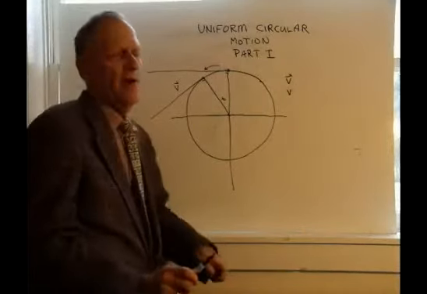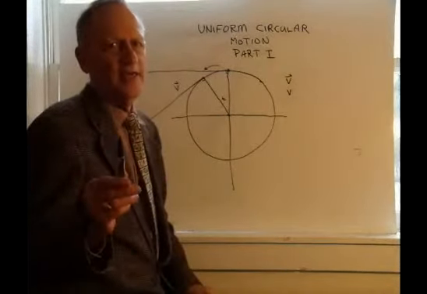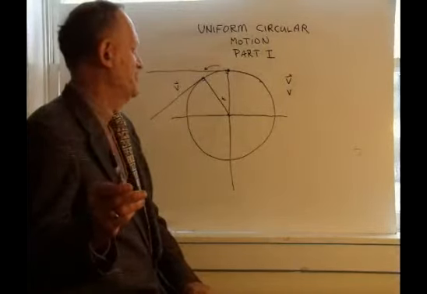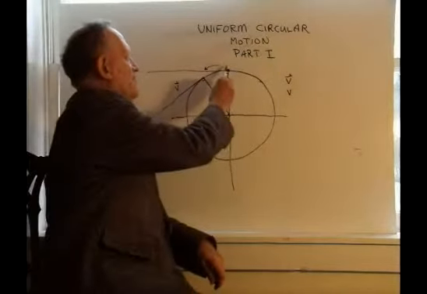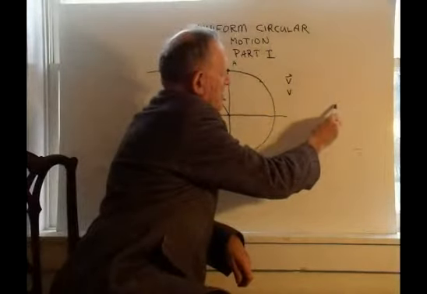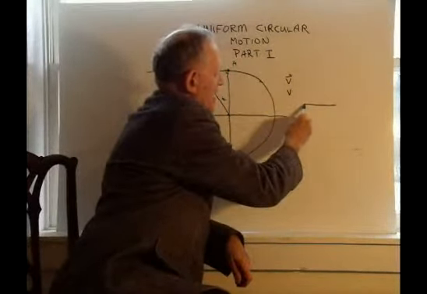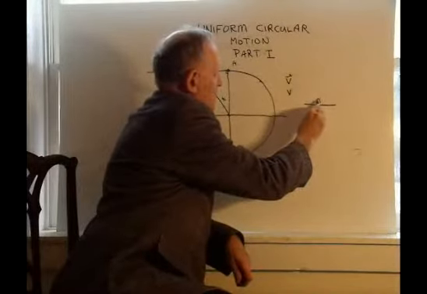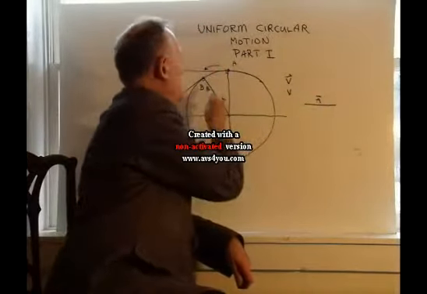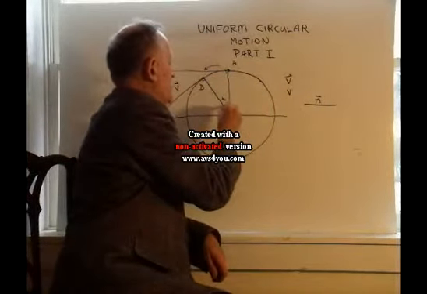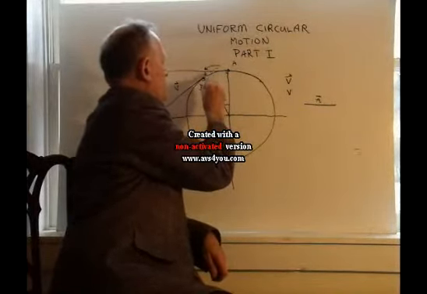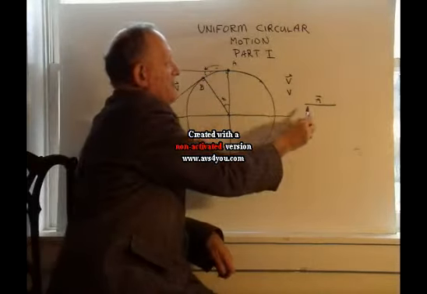So now what I'd like to do is represent by a straight line, both in magnitude and direction, the velocity of this little particle, first at point A and then at point B. At point A, velocity is like that, and we'll call it A. And then at this point B, we notice there's a little angle here, so that angle is going to be the same as this angle here.